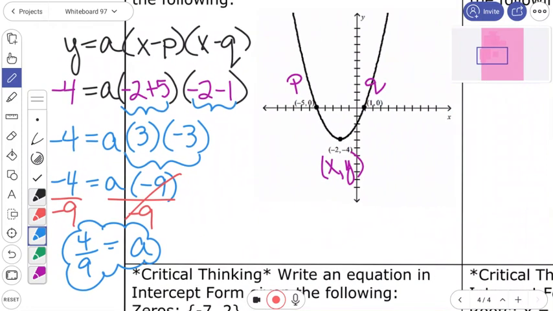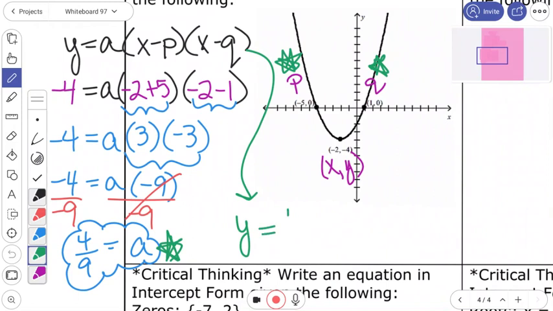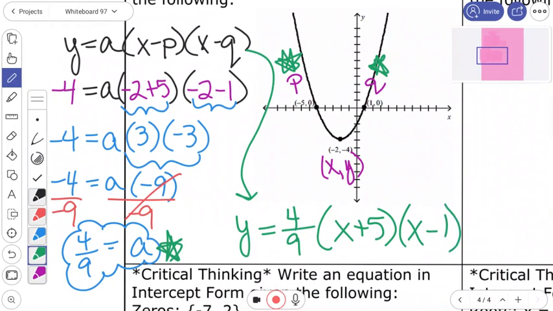So let's rewrite our equation using a, p, and q. y equals 4/9 times (x minus a negative 5, which really means plus 5), times (x minus q), so x minus 1.